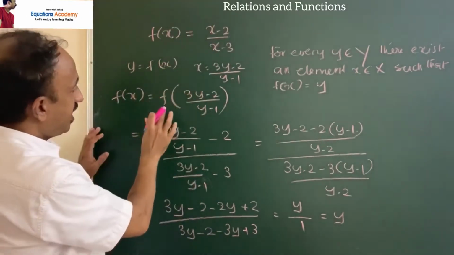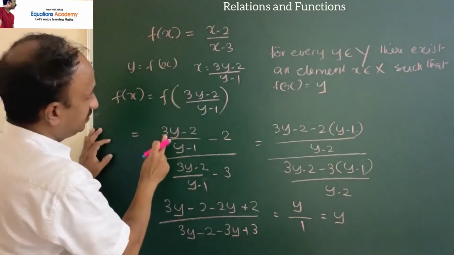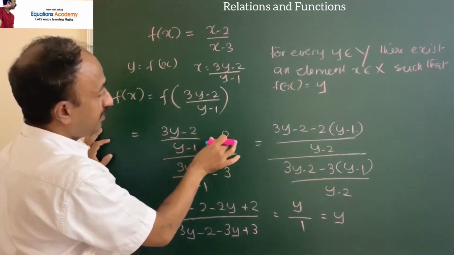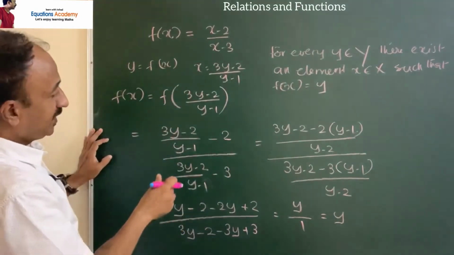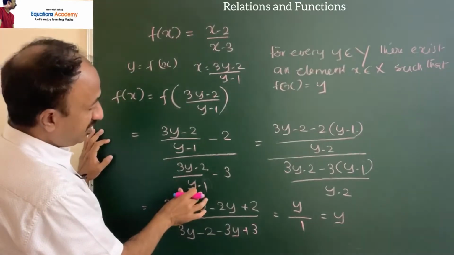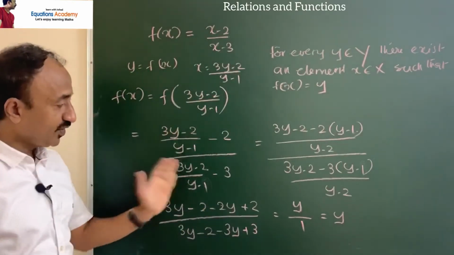So f of this part will be, instead of x, ((3y minus 2) divided by (y minus 1) minus 2) whole divided by, again, (3y minus 2) divided by (y minus 1) minus 3. So we got this.